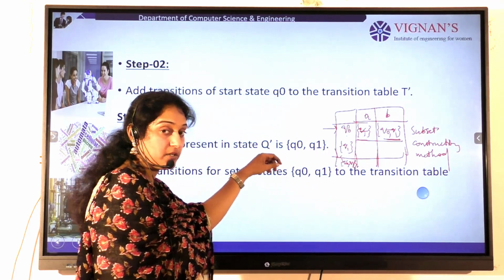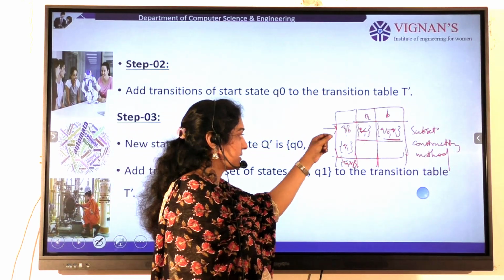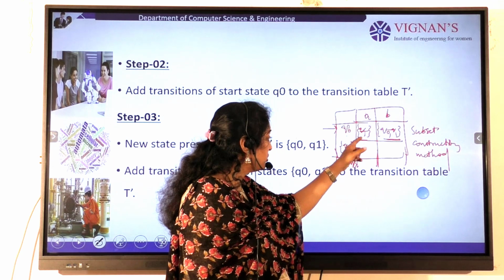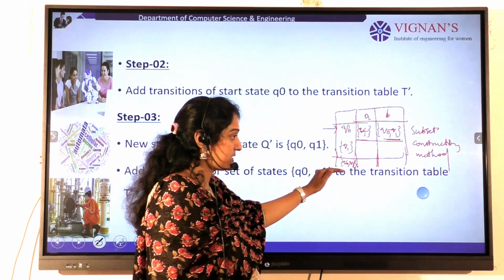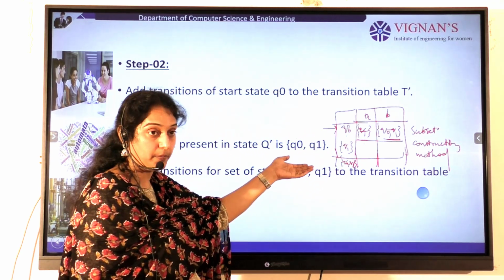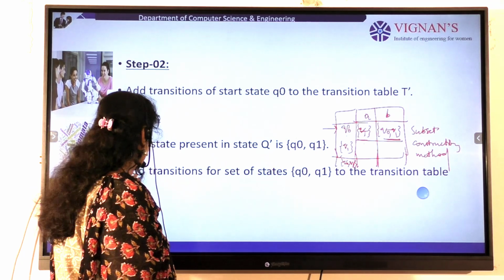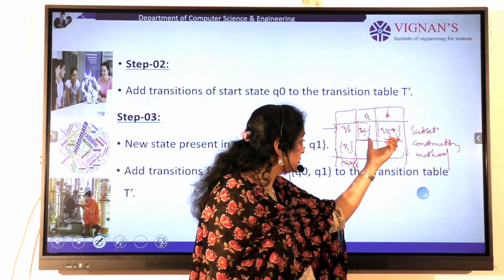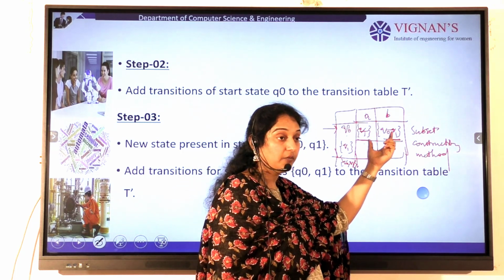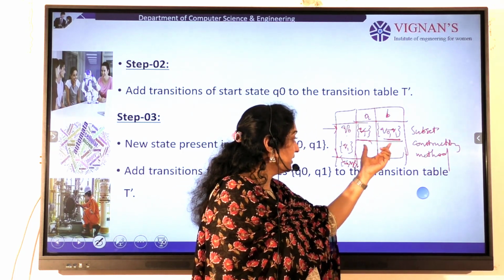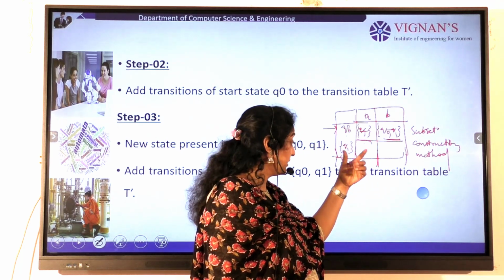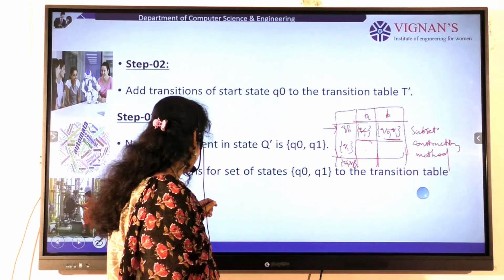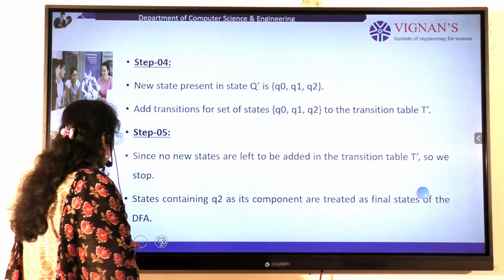We have not yet solved the example; we are just seeing the steps of how to solve it. The new states will be considered in the further steps, and the entries for those will be written in the transition table T dash. Add transitions for the set of states. For whatever new states appear, the entries under A and B will be written in the transition table T dash.